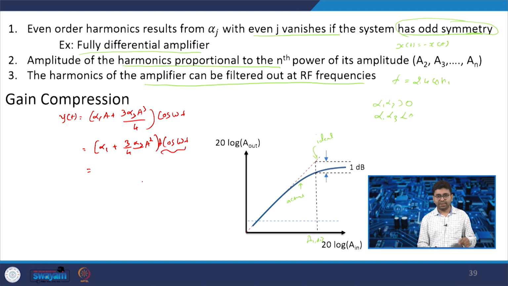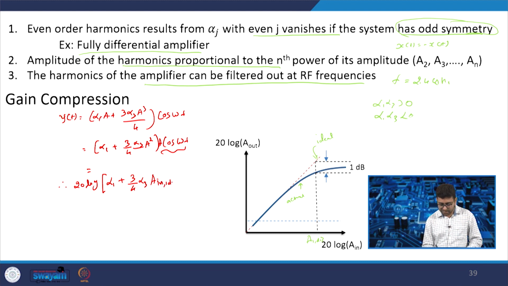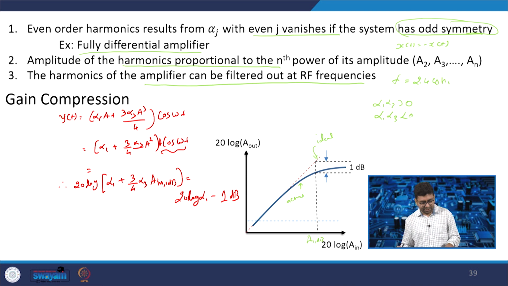If we want to find the 1 dB compression point, what we need to do is set alpha 1 plus 3 by 4 alpha 3 A in 1 dB, because we are finding the input amplitude, equal to 20 log of alpha 1 minus 1 dB.